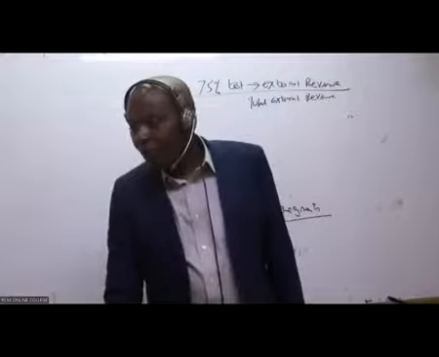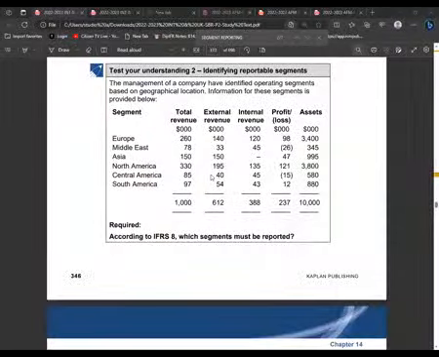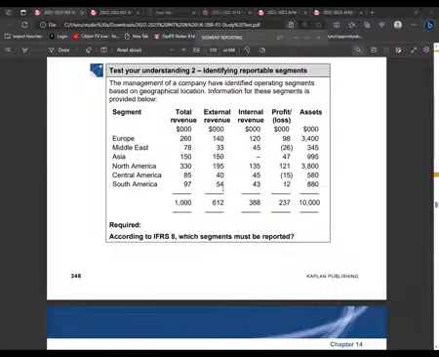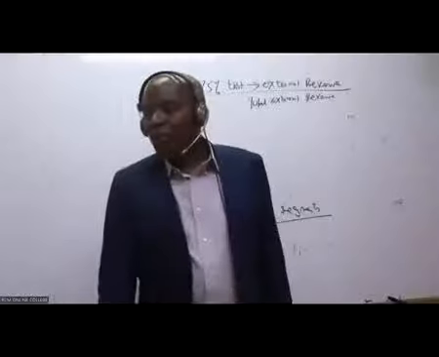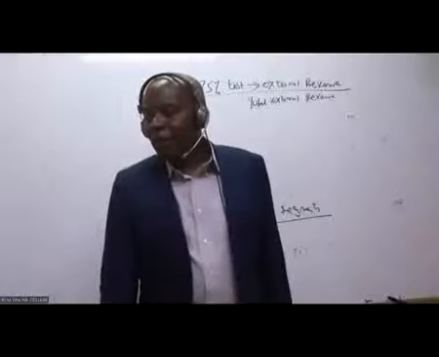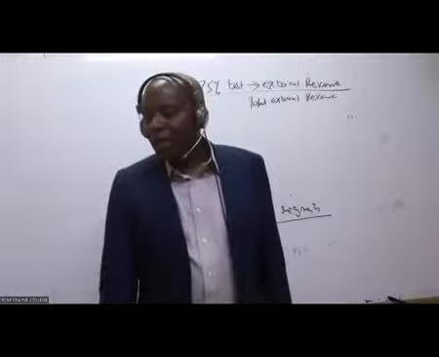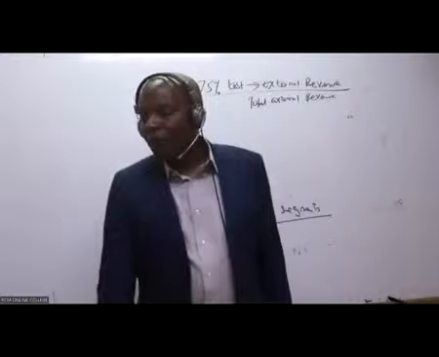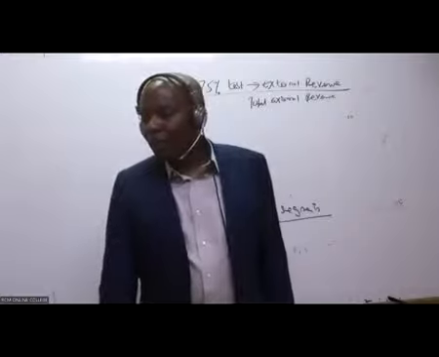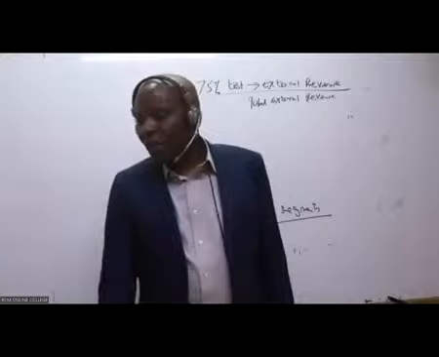So the external revenue, what do we have, ladies and gentlemen, here? External revenue is here. It is 612. So, ladies and gentlemen, if that is the case, could you kindly then give me 75% of 612?